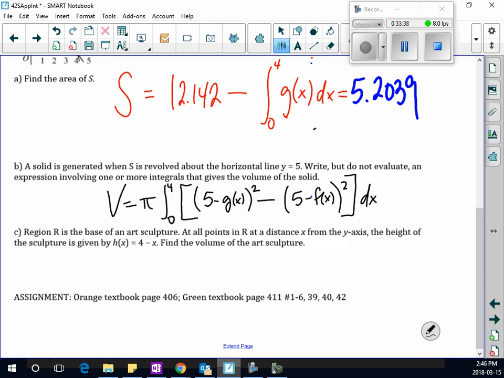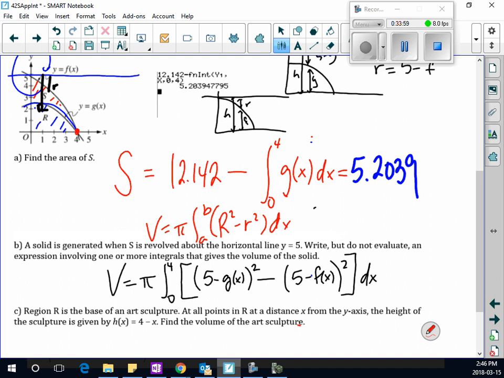Okay, so just so you know, if you forgot where these are all coming from, this is coming from volume equals pi times the integral from a to b of big R squared minus little r squared dx. So how come that one would be dx? It's rotating around this line, so it's not a horizontal slice, it's a vertical slice.